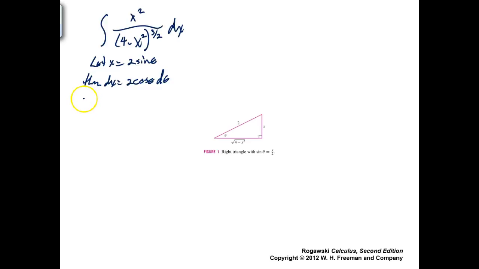Can we go straight to the radical, or do we need a couple more steps? The square root of 4 minus x squared will be 2 cosine theta. Exactly. Okay. I think that's all we need for now.